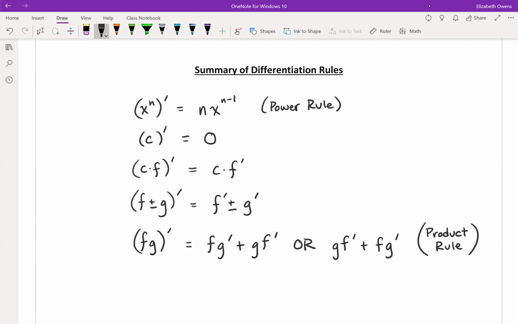Make sure you understand the difference also between this product rule here and the constant multiple property, because the constant multiple property is when you have strictly a constant times your function. Okay, so no variables at all can be involved in that C right there.